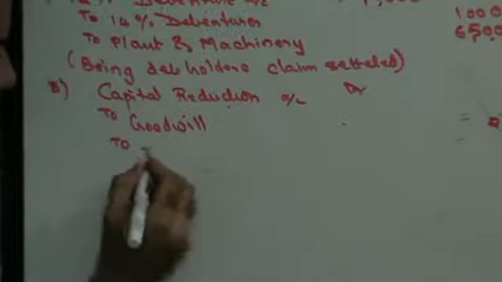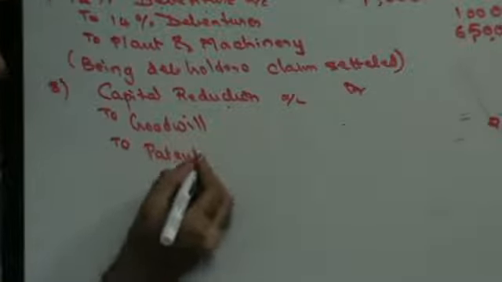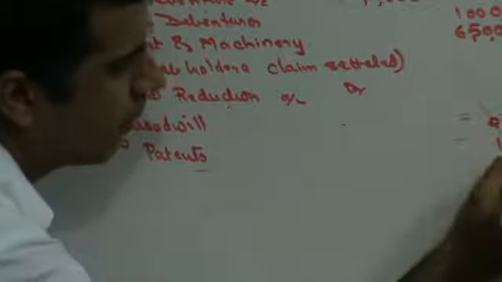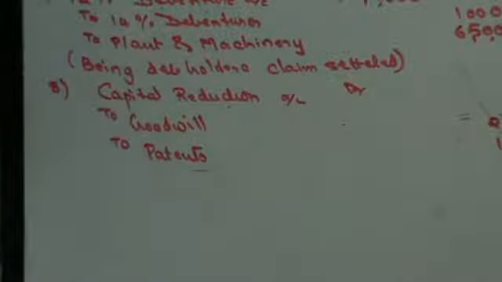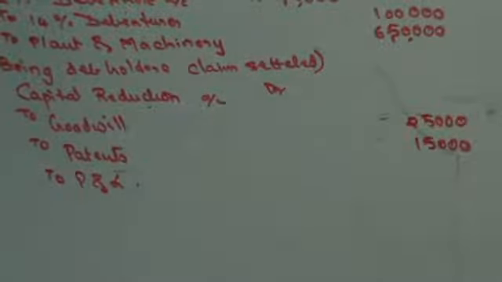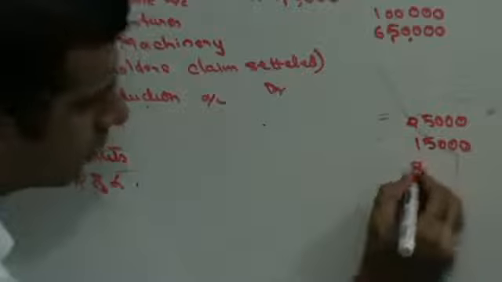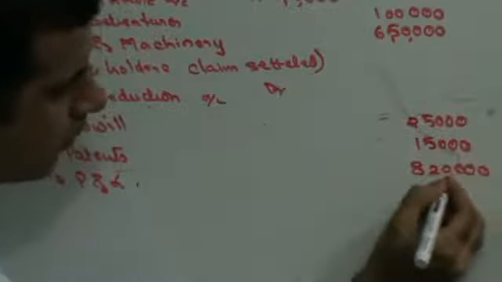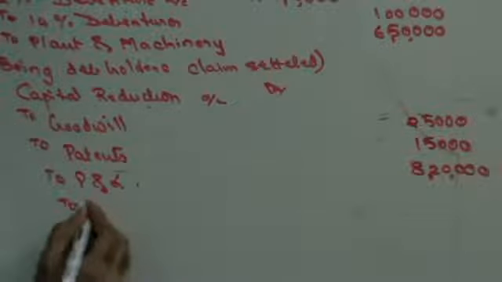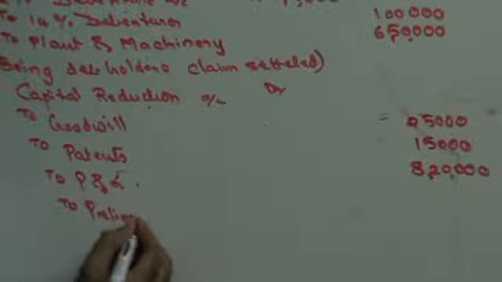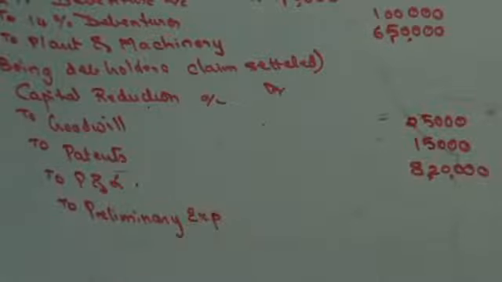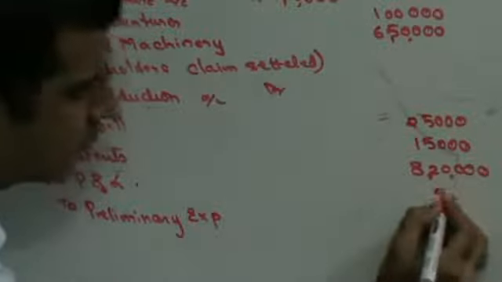To patents. Patents is 15,000. To profit and loss. Profit and loss is 8,20,000. And to preliminary expenses. Preliminary expenses are given to you as 45,000.